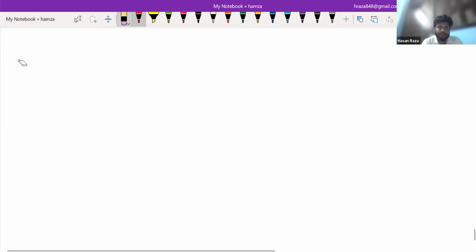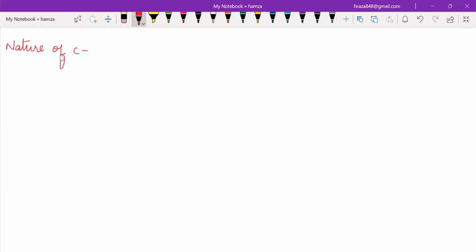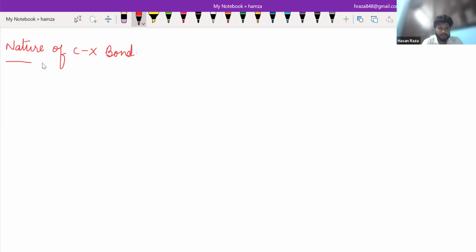New topic, that is nature of C–X bond. Good evening. So nature of C–X bond, you can see that this carbon or haloalkane is like this.